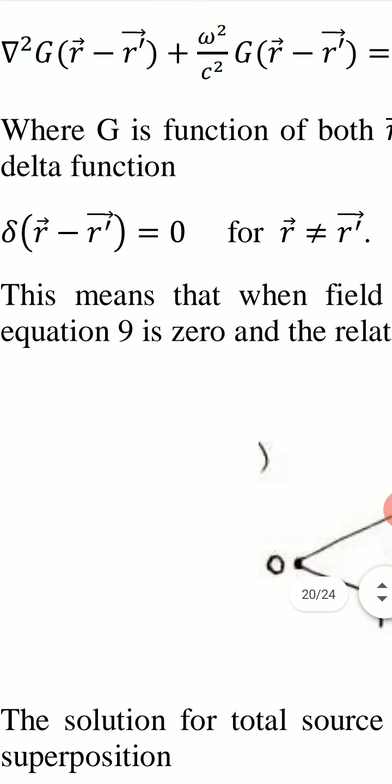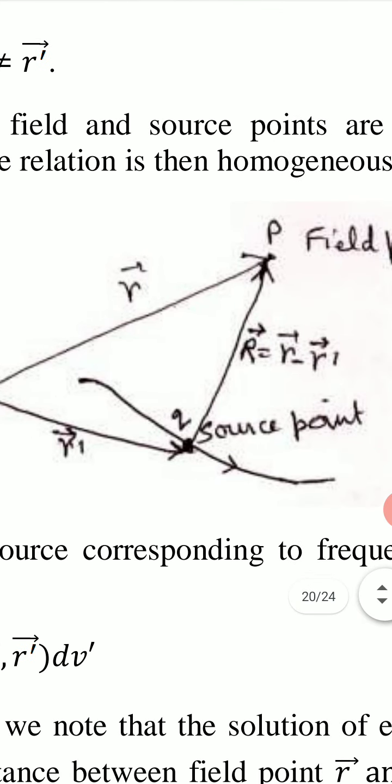R minus r dash in this diagram we see is position vector of field point with respect to source point, and we write it by capital R vector. Capital R vector is equal to r vector minus r dash vector, and it represents the position vector of field point P with respect to source point where charge Q is present.